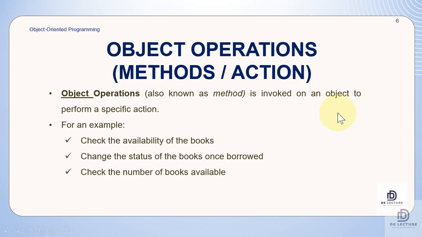For example, we write functions to check the availability of a book, change the status of a book, and check the number of books available. These are known as methods.